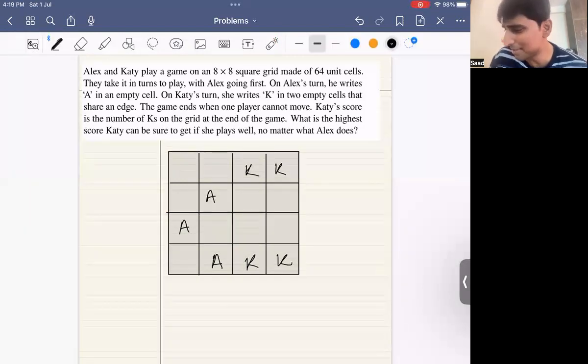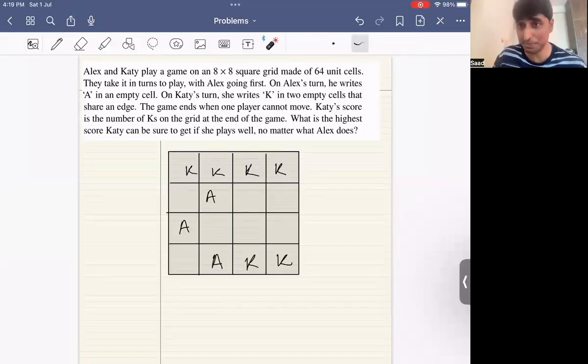So let's assume that Katie takes these, something like that. Okay, right. So now it's my turn, Alex. What I can do is, I have already made this space unavailable, and this space unavailable. I can make this space unavailable by coming to this point.